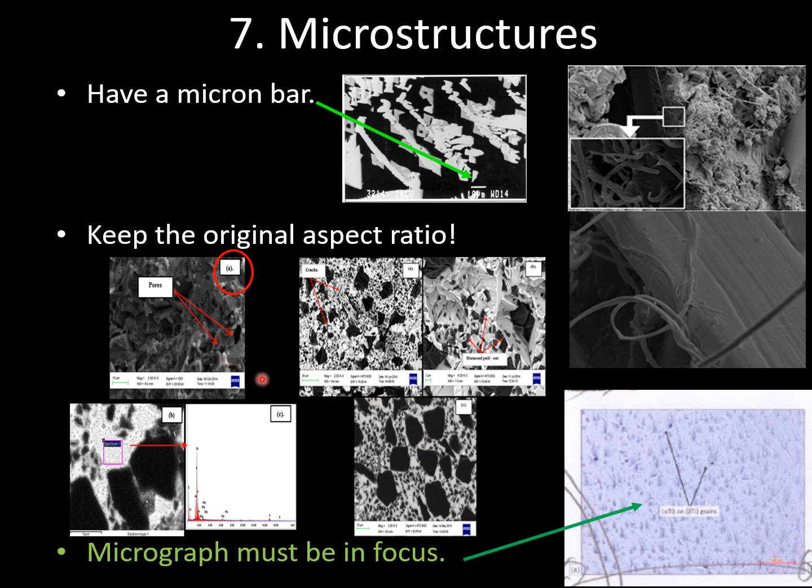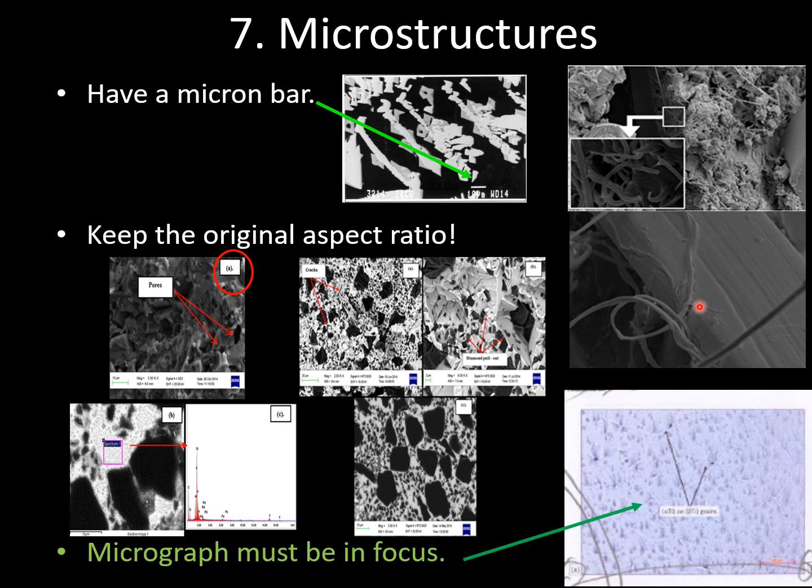But if you compare these, and they all came from the same publication, or would-be publication, you can see that this is narrower than that, and these two are narrower than that. So they've been squashed, and they haven't even been squashed to the same amount, so they look different.